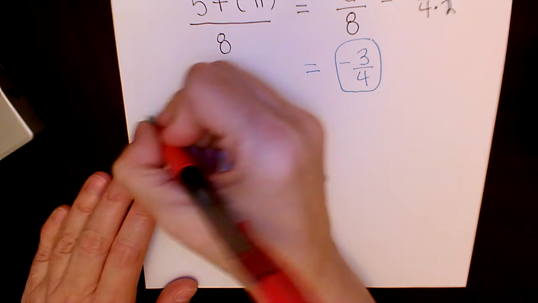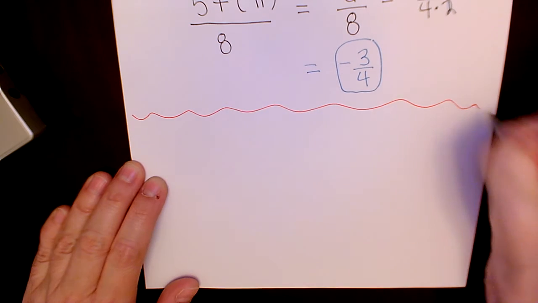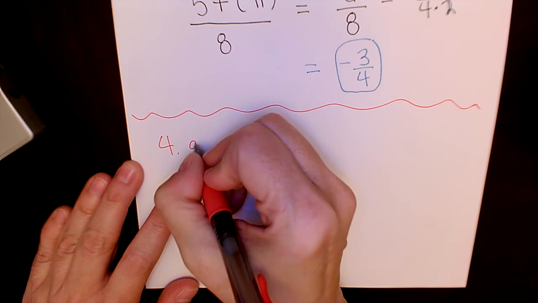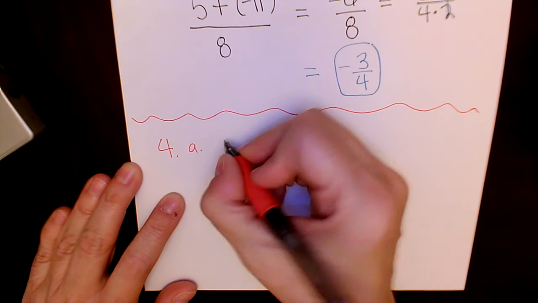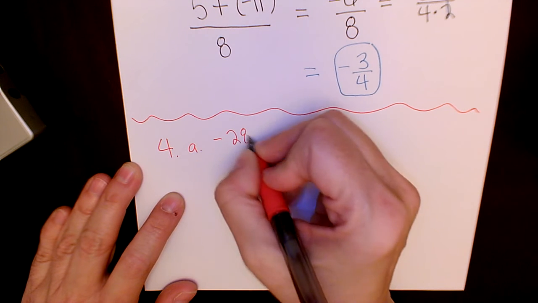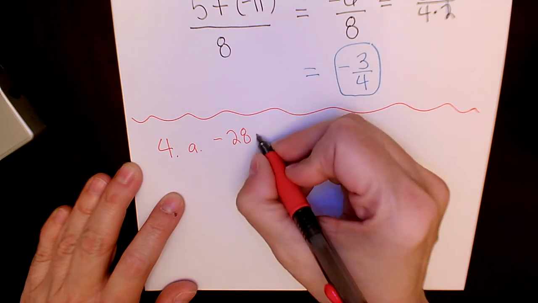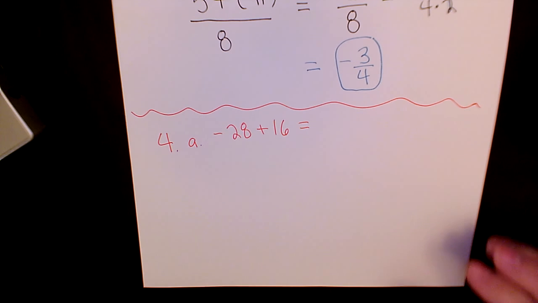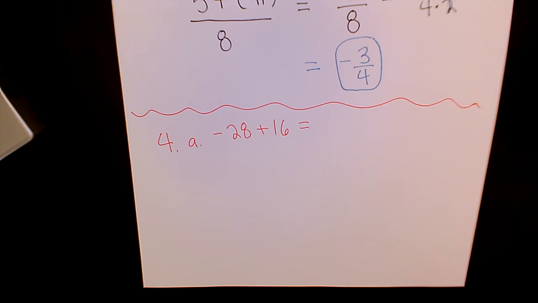I'm going on to 4. Okay. 4a says negative 28 and positive 16. Well, remember, we've got a negative and a positive. We subtract and we take the sign of whoever has more.